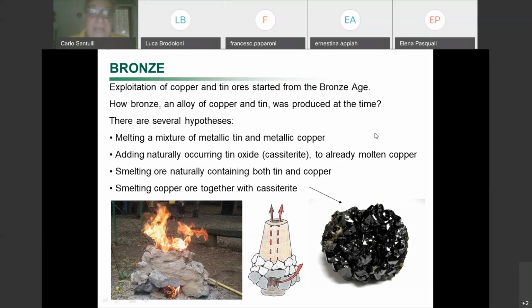Then you could smelt copper ore together with tin oxide. Smelting means that you put it in a kind of furnace, which was a very simple furnace made with stones, even before the invention of bricks.